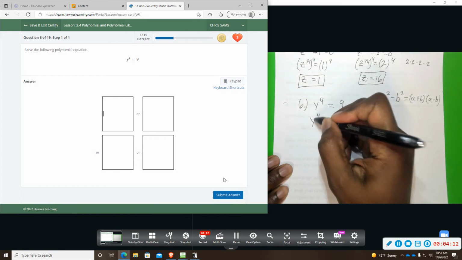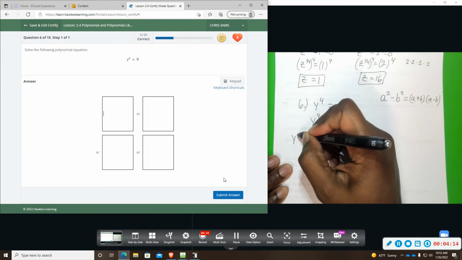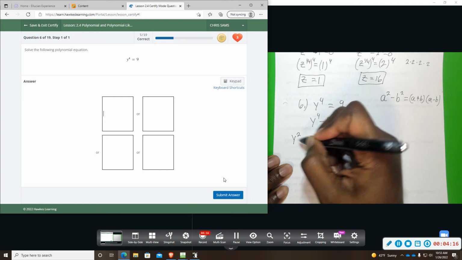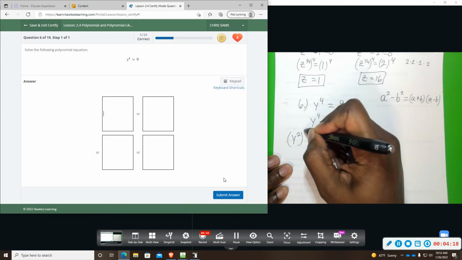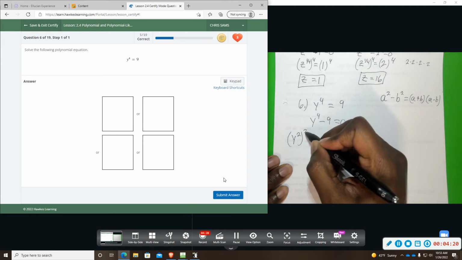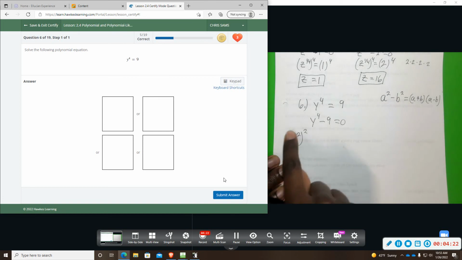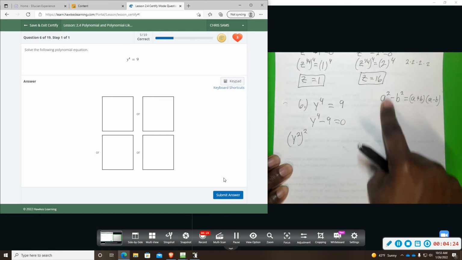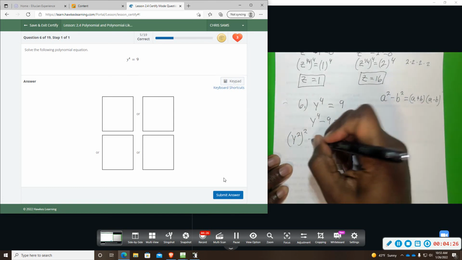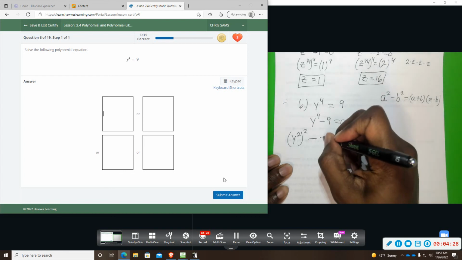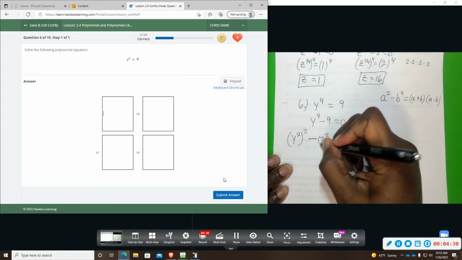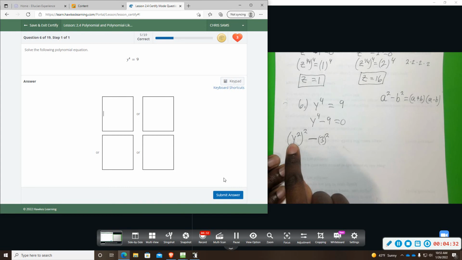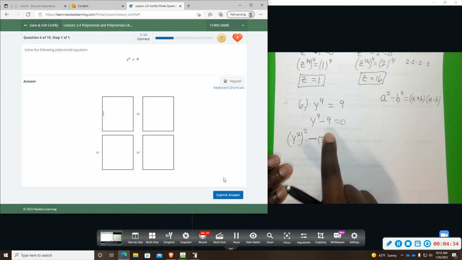So I can rewrite y to the 4th using properties of exponents as y squared to the 2nd power, because 2 times 2 is going to give you 4. So you can see that this term is being squared, kind of like my a squared. Minus 9, instead of writing 9, I'm going to write it as 3 squared. So here's your a squared and your b squared.